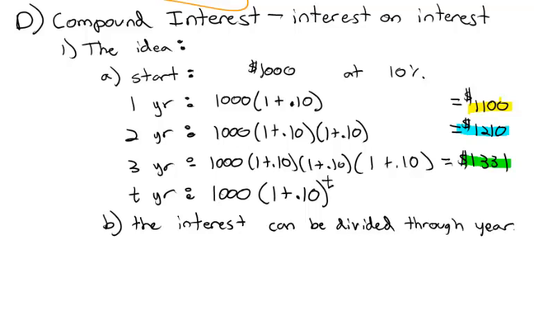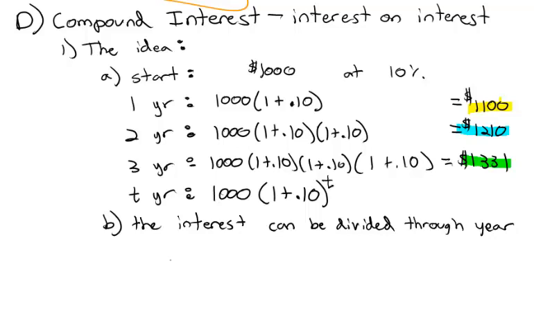So your interest can be compounded not just at the end of the year, but it could be compounded monthly. A lot of bank accounts are compounded monthly, so the interest rate is divided into months. Or it could be compounded daily. Your student loans are often compounded daily. The interest is divided up by the day. It could be divided quarterly. If you do quarterly taxes and you owe money, you might be divided by 4. So it can be divided a lot of different ways.